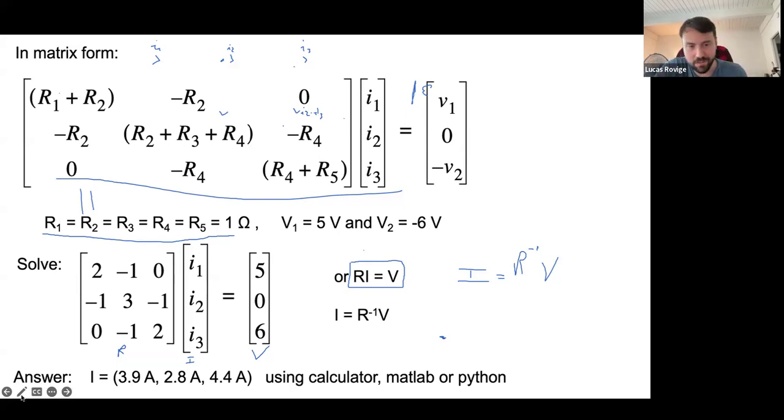You could use what you know about inverting matrices to do it manually, but you can also input this matrix in your calculator or in software like MATLAB or Python, and then you would get the inverse matrix, and then you could multiply it by this potential matrix and get the result.